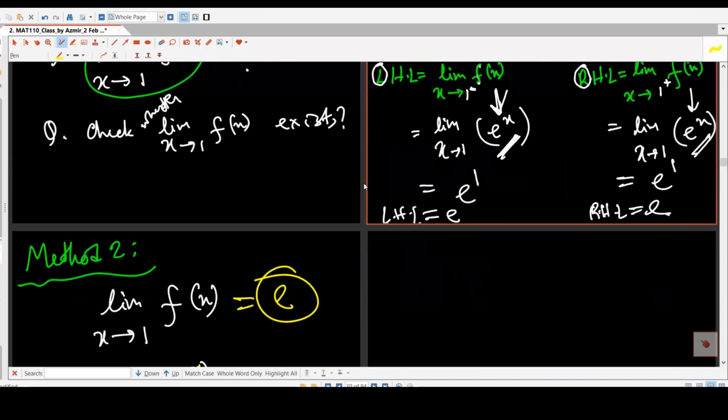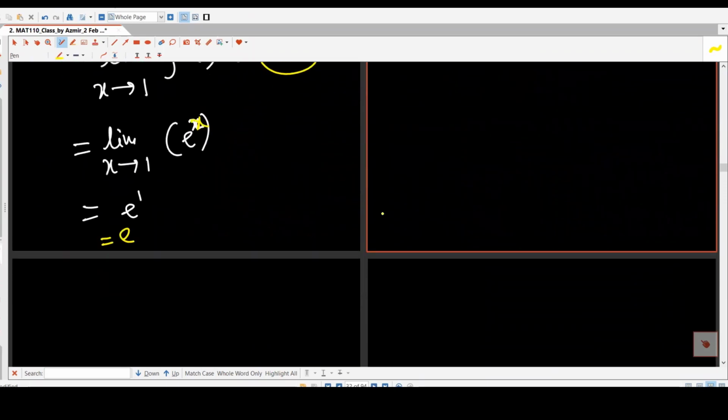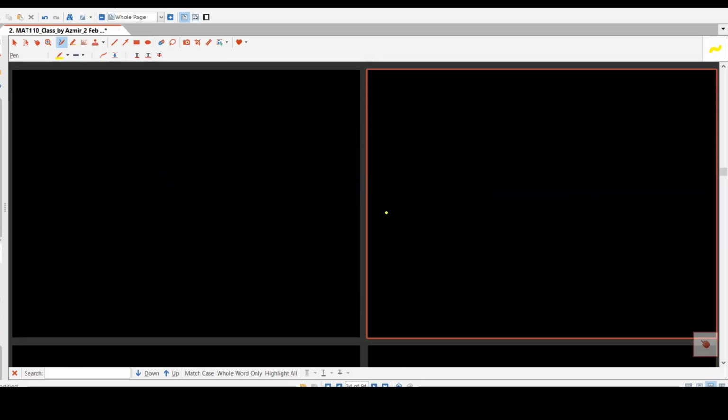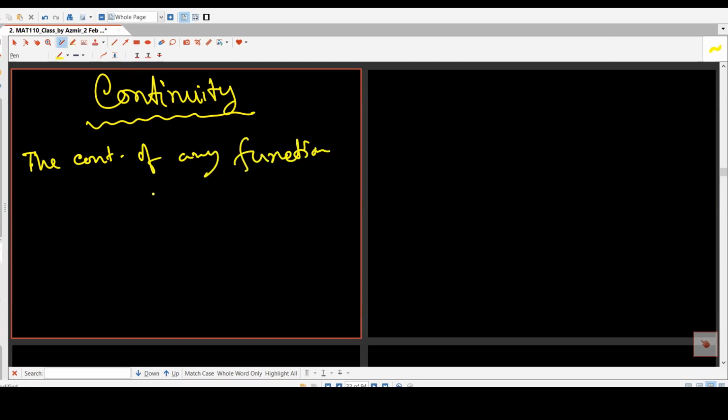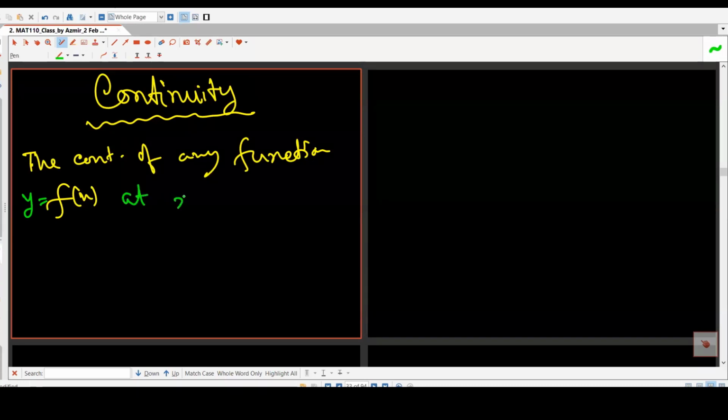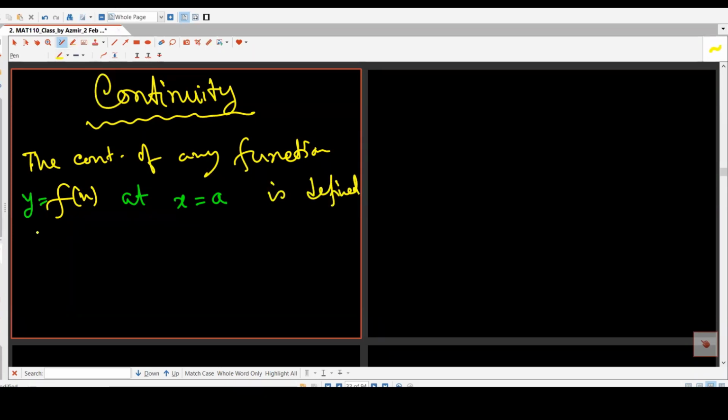So now, since we have learned limit, we are ready to learn continuity. So what is the definition of continuity? The continuity of any function y equals f of x at x equals a is defined as follows.